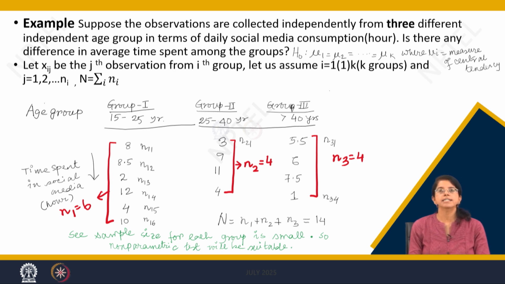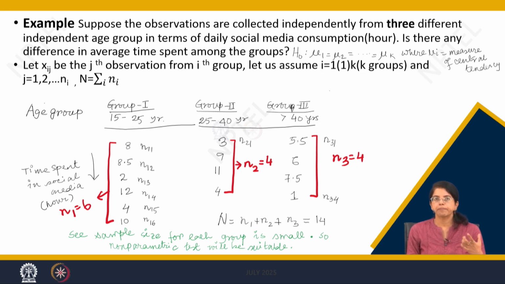Suppose the observations are collected independently from 3 independent age groups in terms of daily social media consumption, a pretty pragmatic example, and that consumption is measured in hours. Is there any difference in average time spent among the groups? Now, the groups are formed in terms of their age. You can see 3 types of age groups we are taking here.